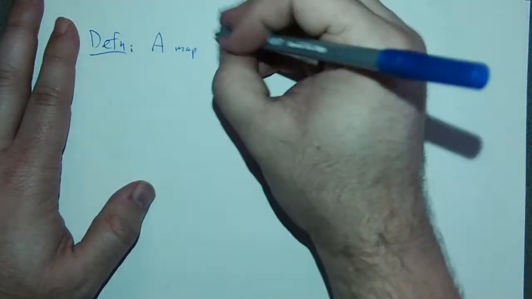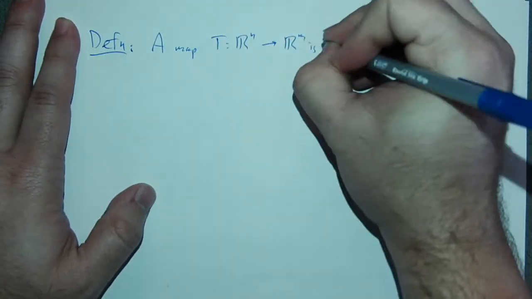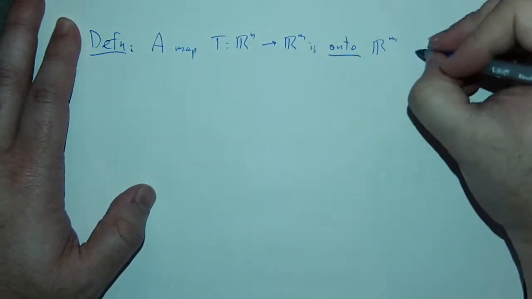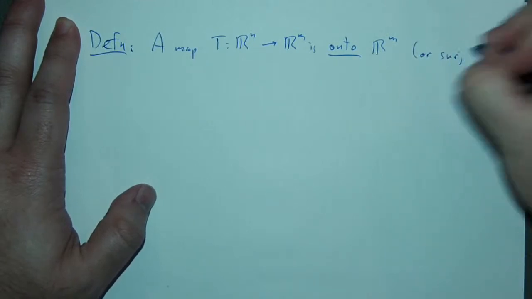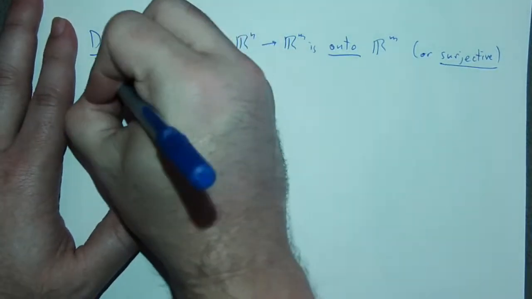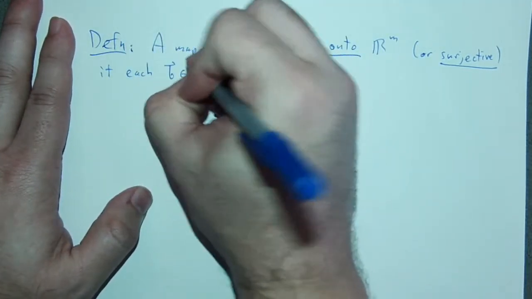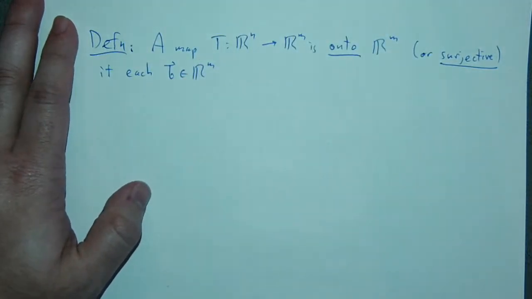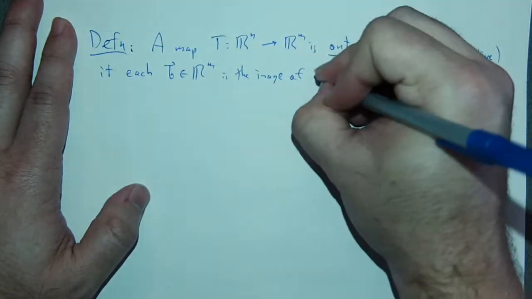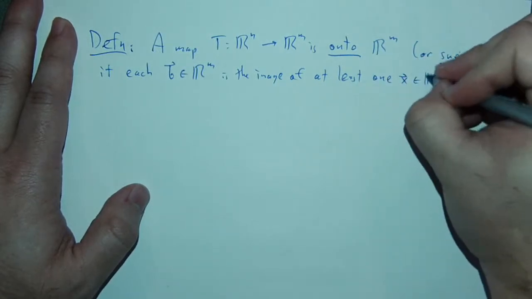Notice I don't even say linear map, just a map T from Rn to Rm is onto Rm, or surjective is another way of saying this, if each b in Rm is the image of at least one x in Rn.